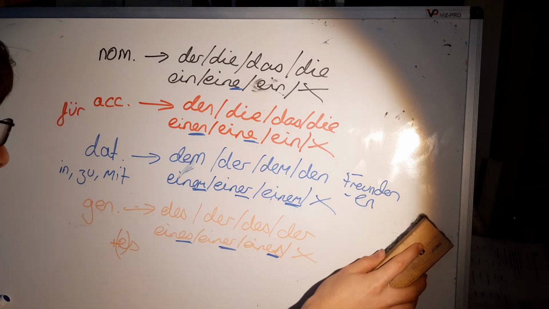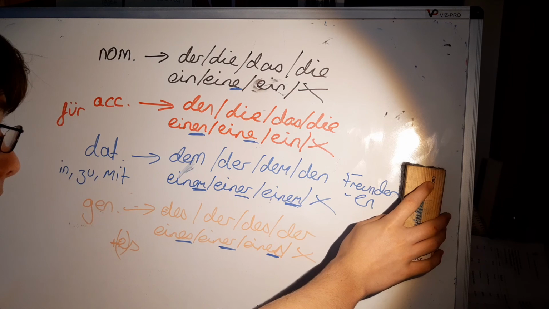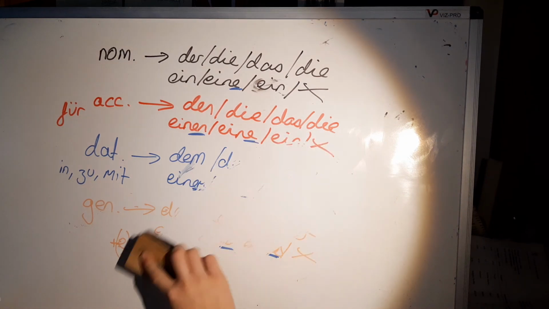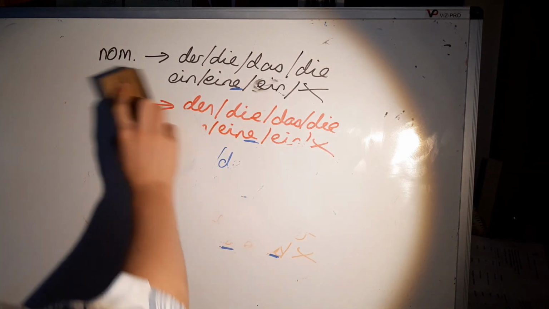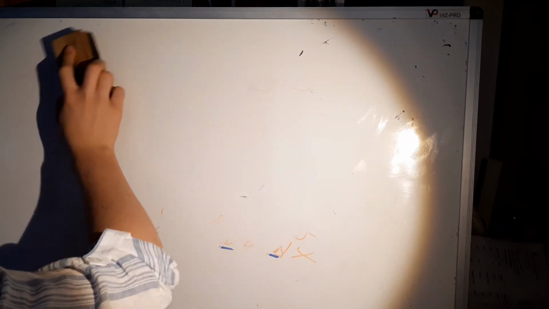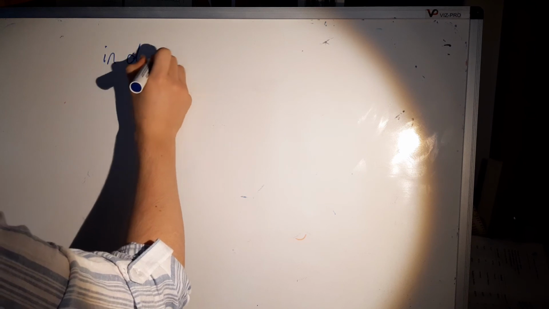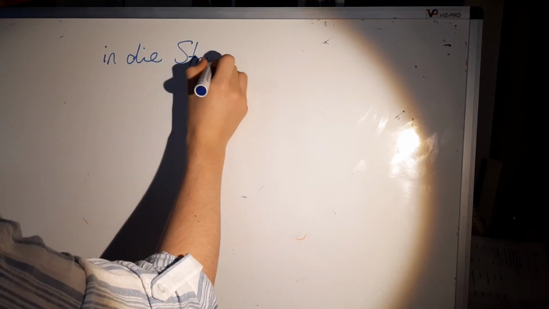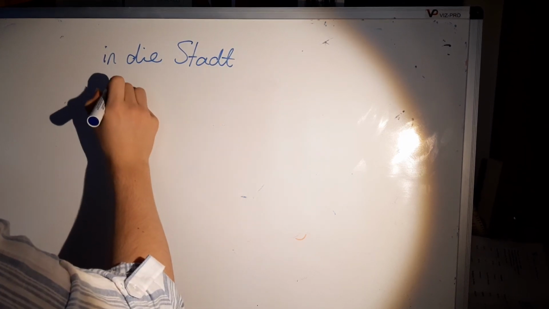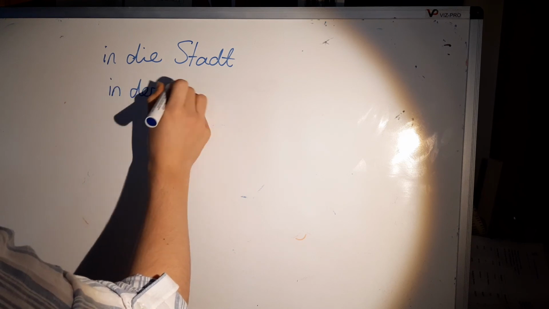I hope I can rub this off because I'm about to explain something else. Okay? If you need it explaining again, just rewind and pause or whatever. Now the final bit I'm going to explain to you is why there is a difference between in die Stadt and in der Stadt.